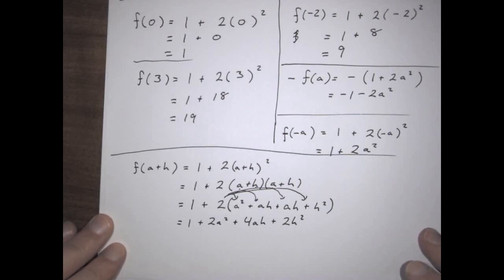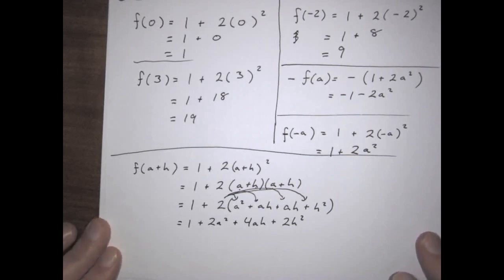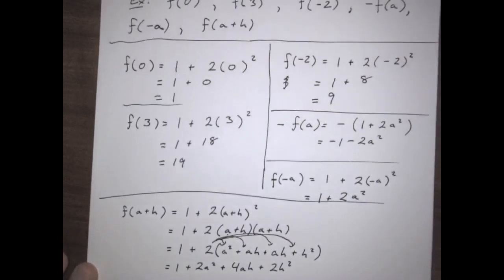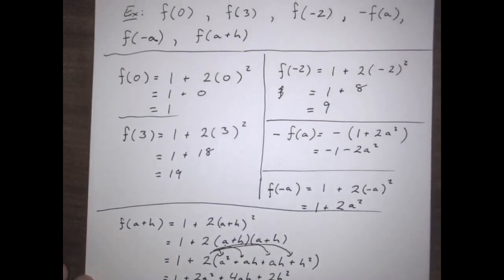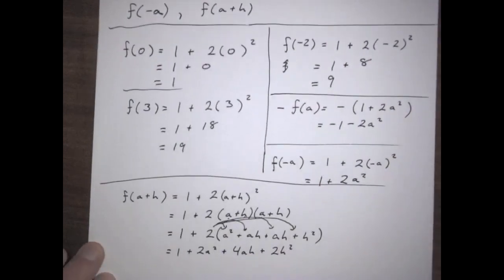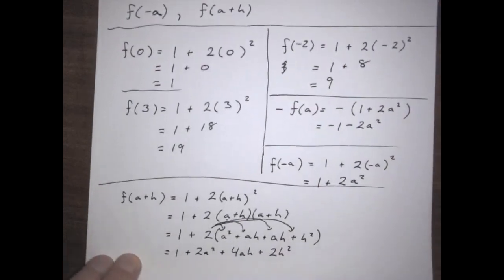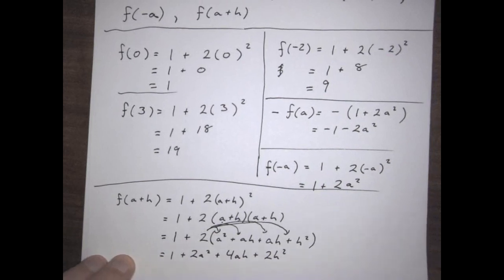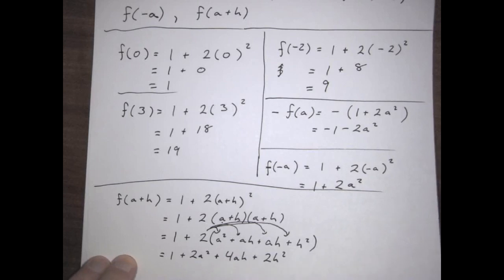So this is what it means to evaluate the function at various inputs, starting with just straight up numbers, working our way more abstractly into algebraic expressions. But then there's another side of the same function coin, which is not to plug in a specific number, but to solve.